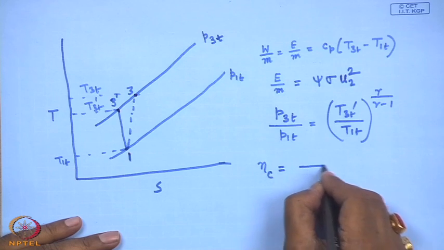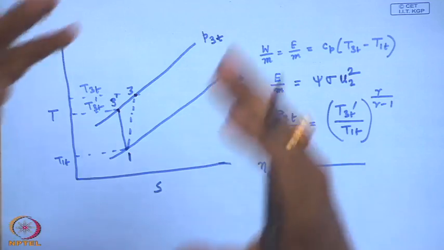As I told you earlier, the isentropic efficiency is defined as the ideal work done in absence of any friction or internal irreversibility in the process to the actual work input, with consideration of the friction. In this case, the actual work input is more than that in the ideal case.